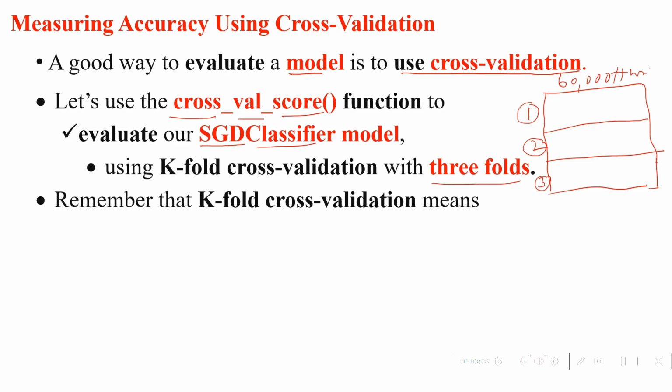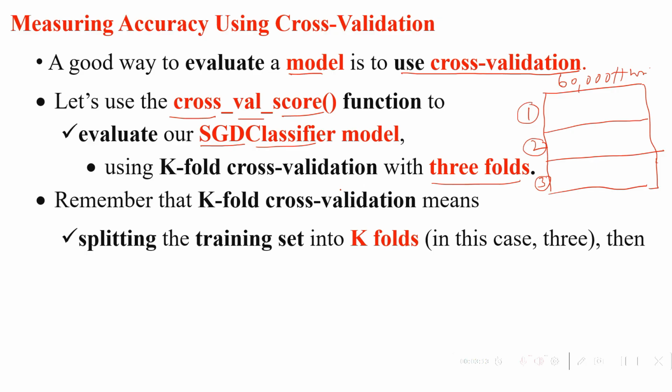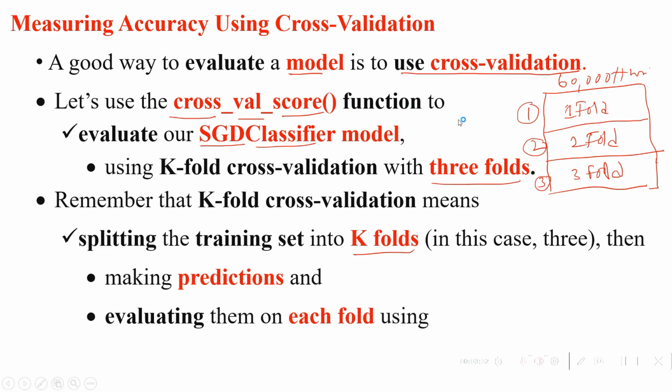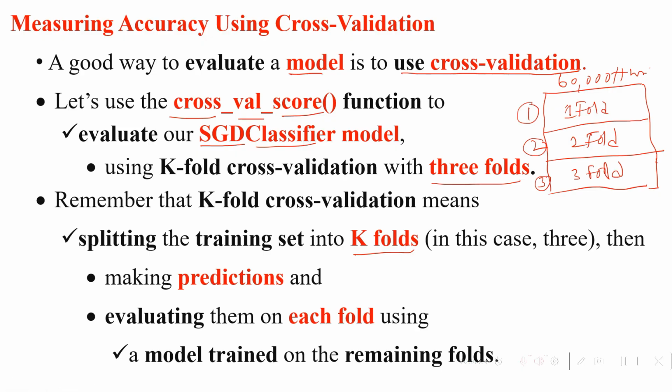KFold cross validation means splitting the training set into K folds, here 3 folds. Then we make predictions, evaluating on each fold using a model trained on the remaining folds.